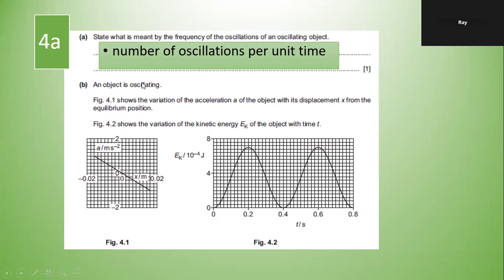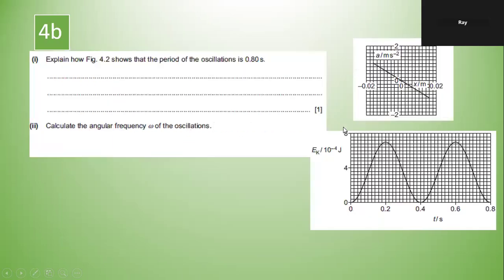An object is oscillating. Figure 4.1 shows the variation of acceleration a of the object with displacement x from the equilibrium position. Figure 4.2 shows the variation of kinetic energy of the object with time t. Explain how Figure 4.2 shows that the period of the oscillation is 0.80 second. You want to try?